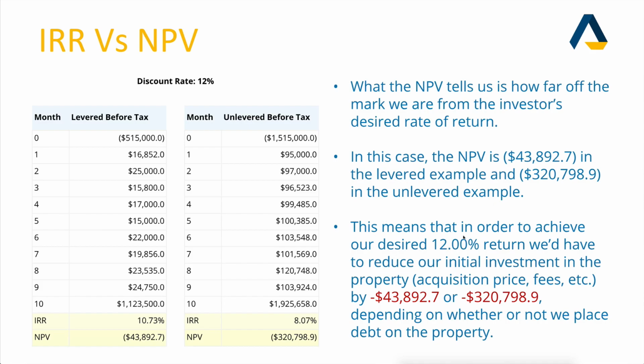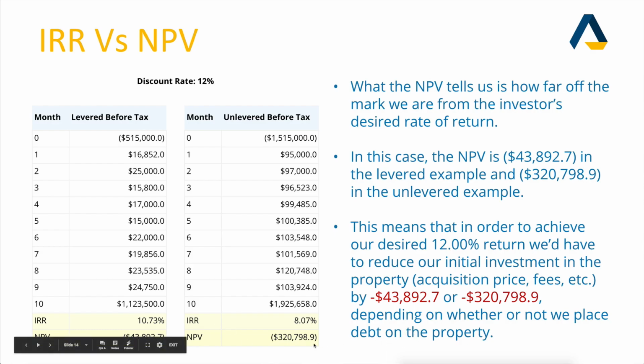What this means is that in order to achieve the desired return of 12%, we'd have to reduce our initial investment in the property, the acquisition price, fees, etc., basically whatever our developer's equity is going in there, by these two amounts.